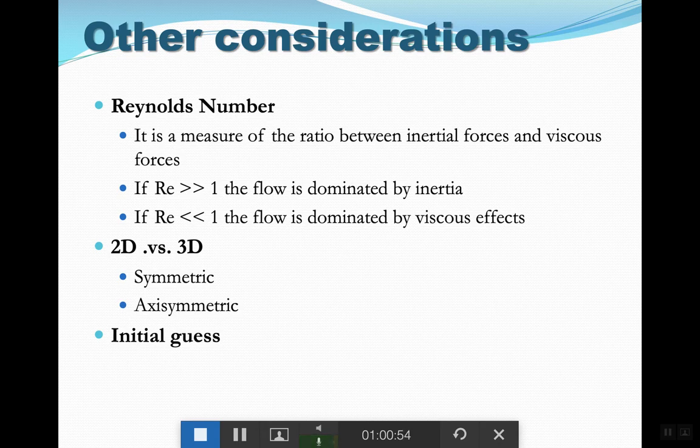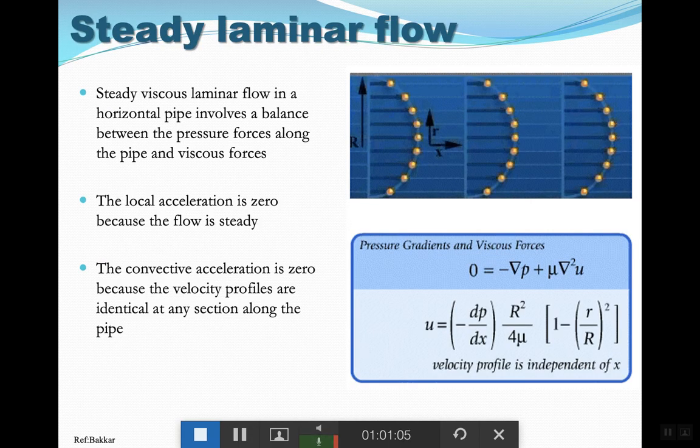The other consideration is whether it's two-dimensional or three-dimensional, and whether it's symmetric or asymmetric. These are all the questions you have to answer, and your answers basically determine what sort of equations, in addition to your 5 basic equations, have to be used to solve your problem.